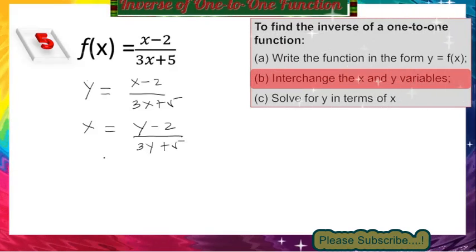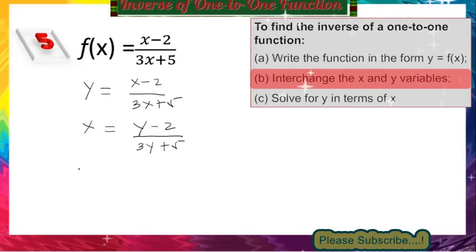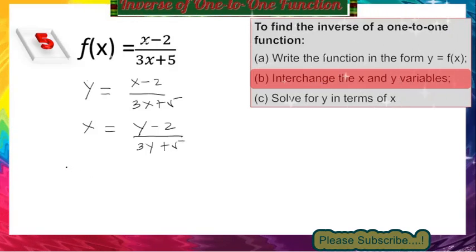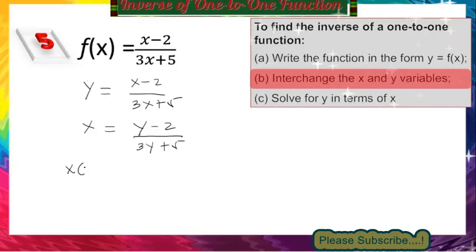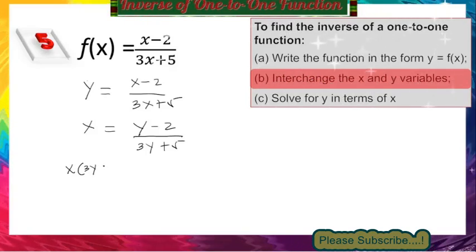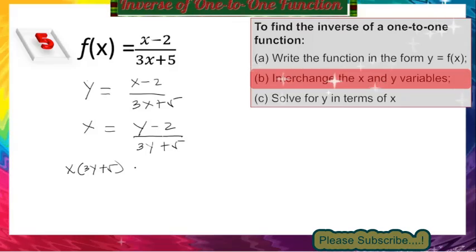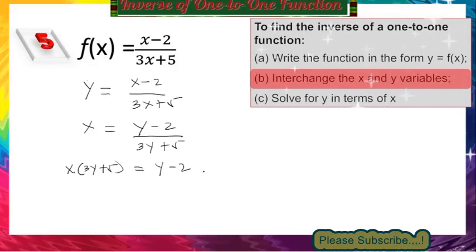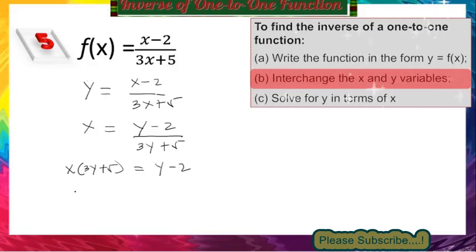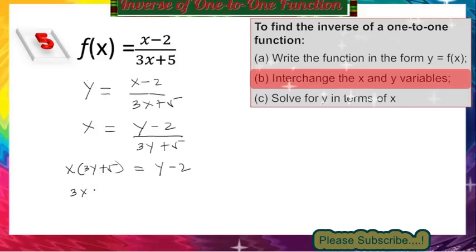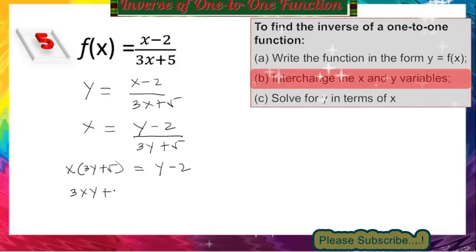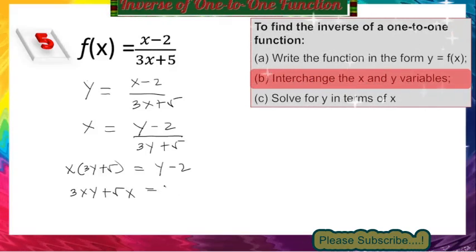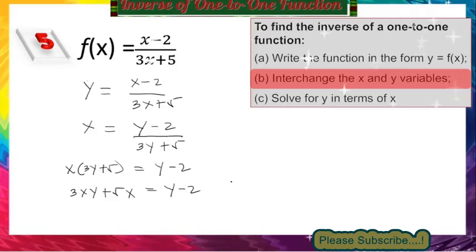Then after that, cross multiply. So this becomes x times 3y plus 5 equals y minus 2. So simplify. This is 3xy plus 5x equals y minus 2.